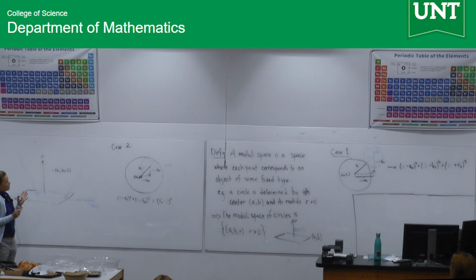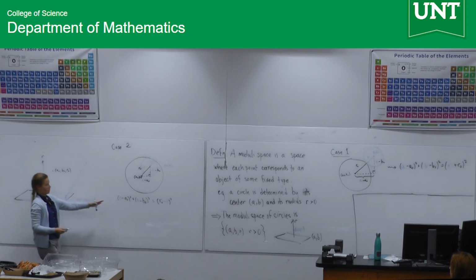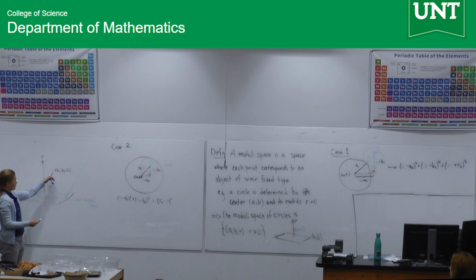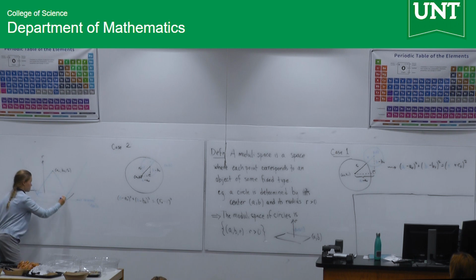And now this, again, is a polynomial equation on the moduli space. This time it's the equation of a cone whose center is at (a naught, b naught, r naught). So these blue circles here are going to lie on this cone with vertex right here.